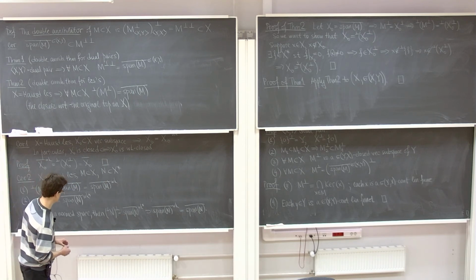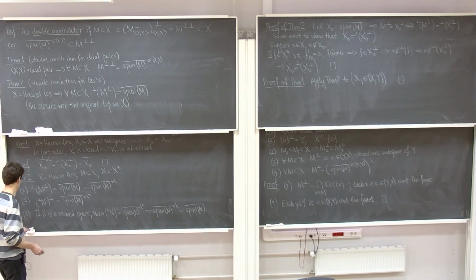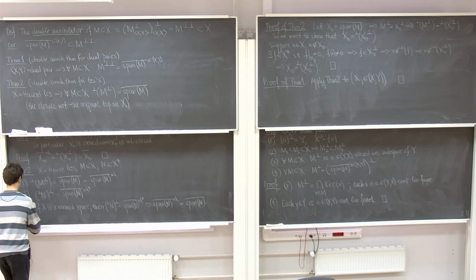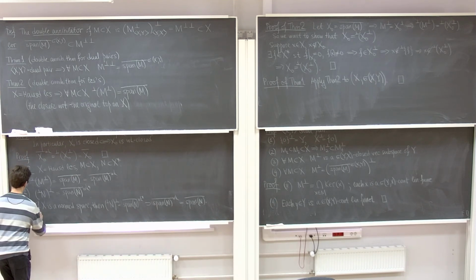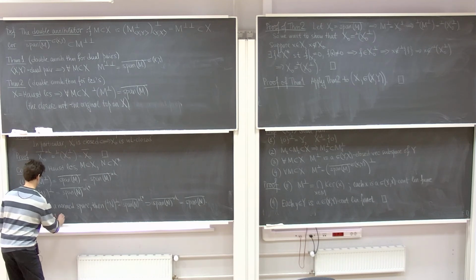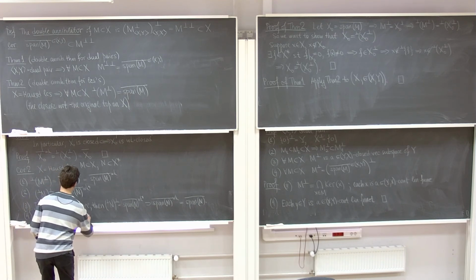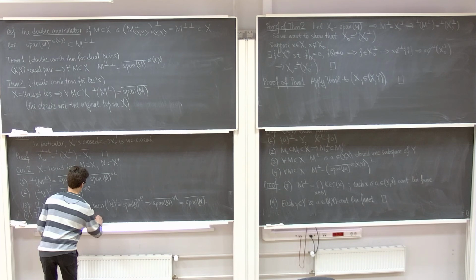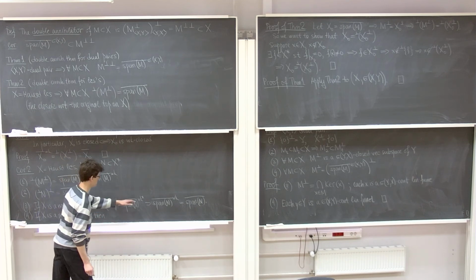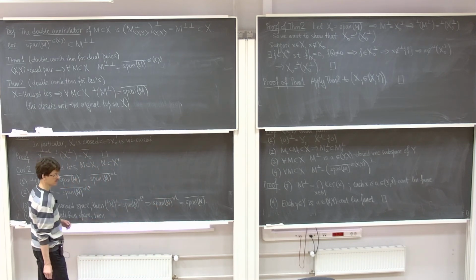But in the special case where X is reflexive, this is part 4, if X is a reflexive Banach space, then we know that the weak star topology and the weak topology on the dual are the same.